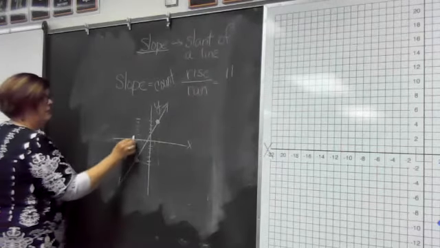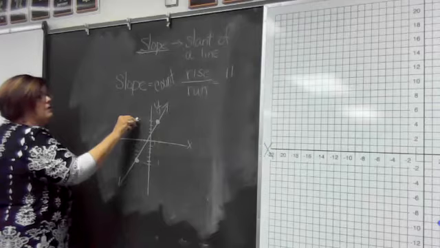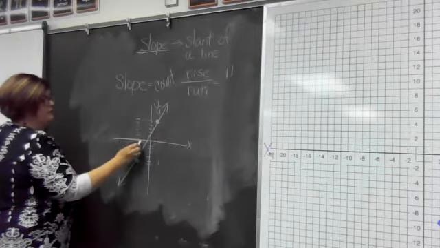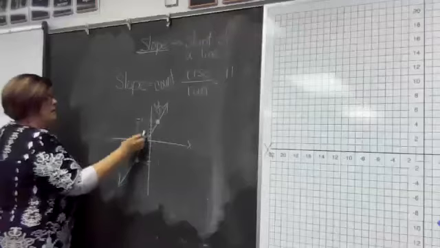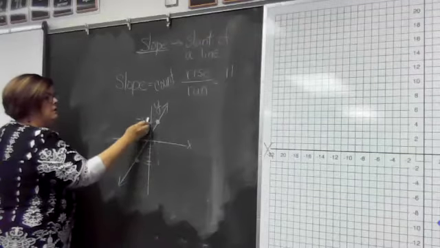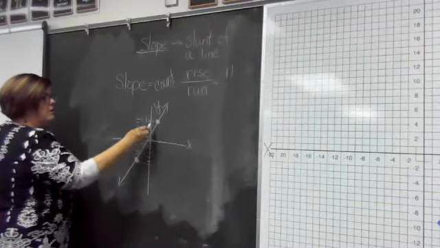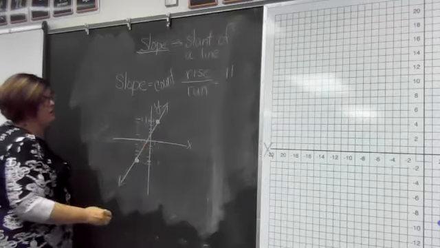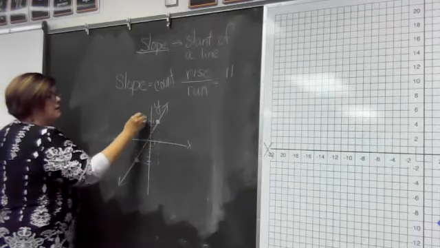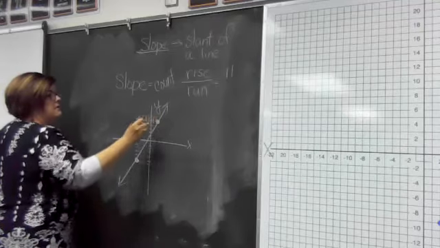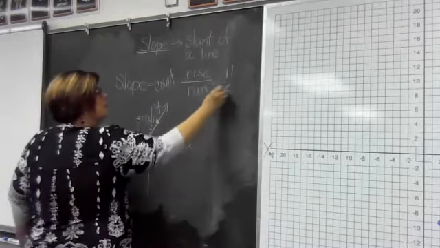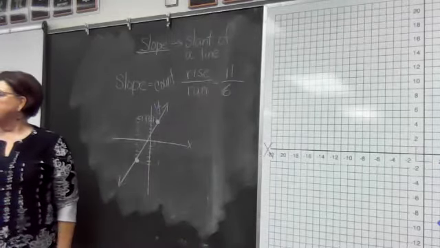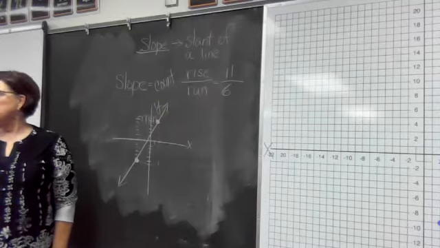I rose from my house. Then I look at my watch and I'm late, so I have to run to her house. So I'm going to run 1, 2, 3, 4, 5, 6. And now I'm at her house. So I ran 6 blocks. So my slope is 11 over 6. That's it.